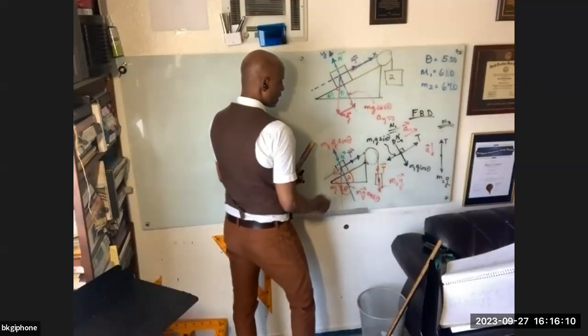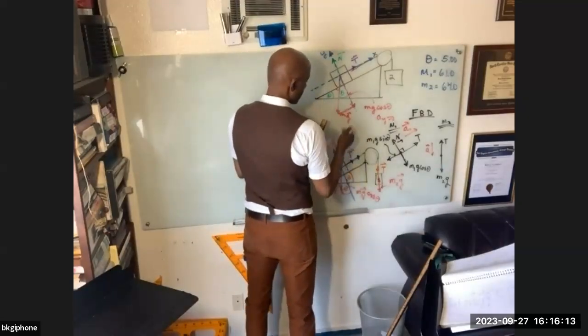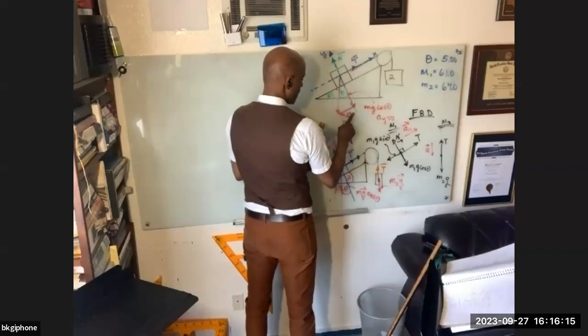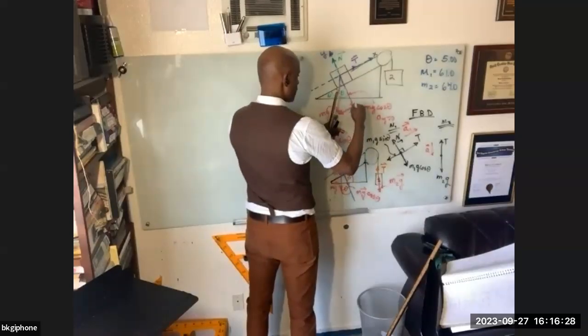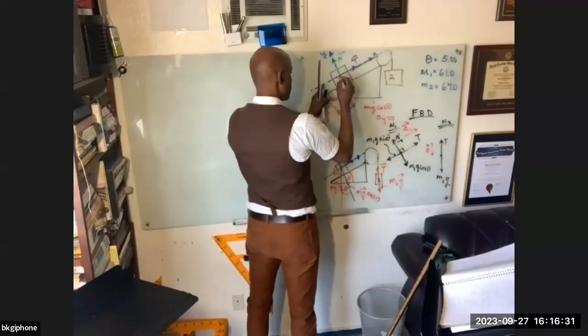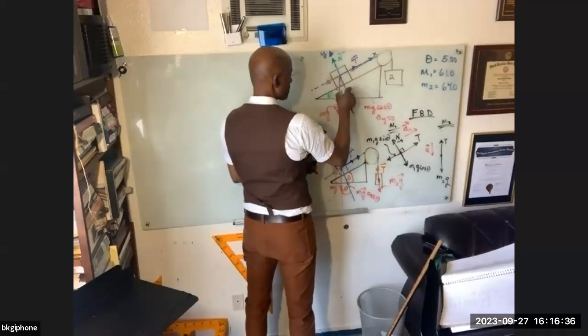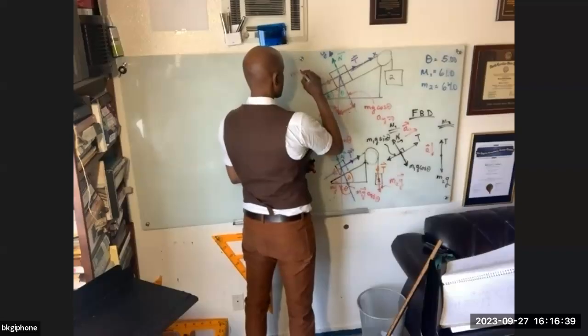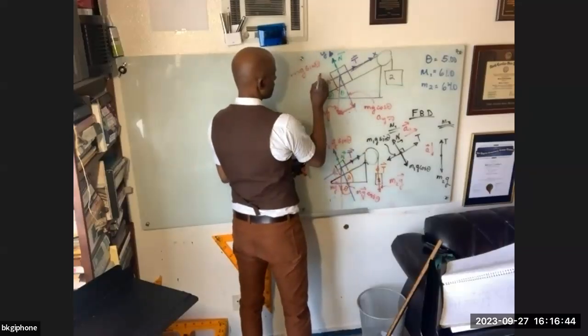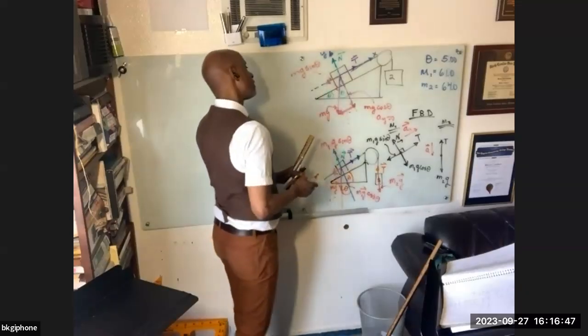And this side is the sine, pointing in this direction. I projected it back up to the axis here, and it's the opposite side of that angle. So that's mg times the sine of theta. Does that make sense?